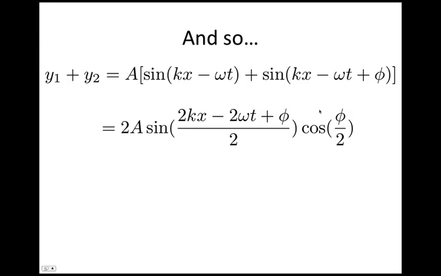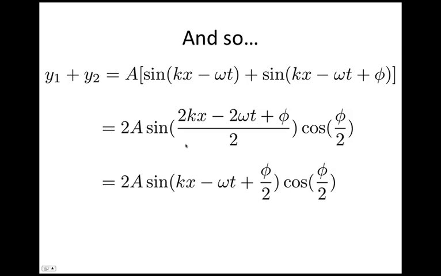Then what we need to do to get the number in the cosine function is subtract them from each other. So we do kx minus kx, that cancels out, the ωt's cancel, and we end up with the φ on 2. Doesn't matter if it's positive or negative, as this is a cos function. So now what we can do is just divide through by this 2 to simplify it a bit.